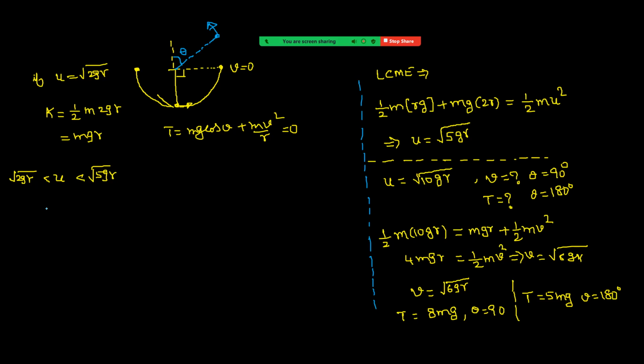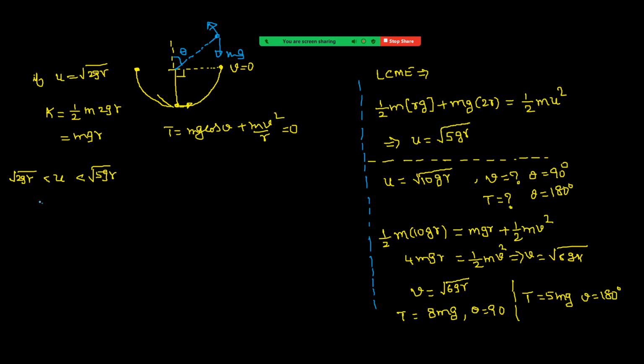Condition one. Tension becomes zero. Tension becomes zero means how many forces are acting here? Only mg acting downward side. Since tension becomes zero, only mg is acting. Mg component provides now the centripetal force. So I am writing here first condition.